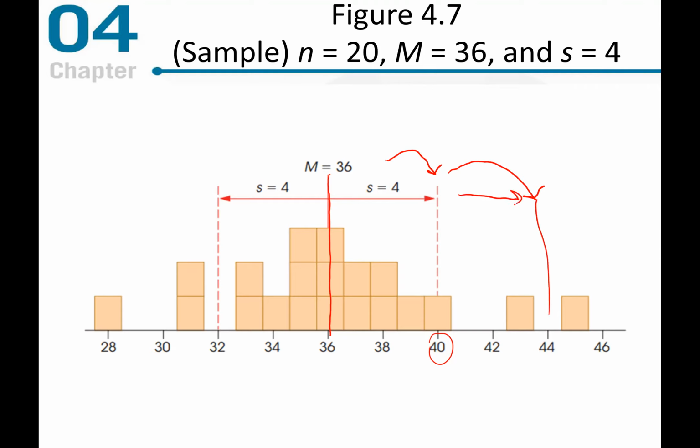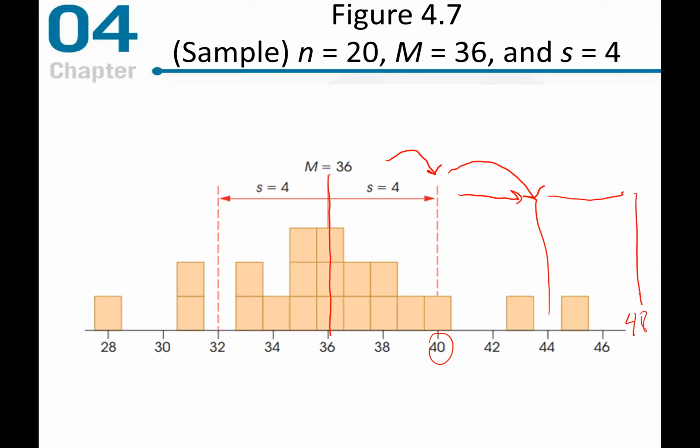And if it was 3 standard deviations above the mean, well, that's another 4, right? So that would be right here, 48.